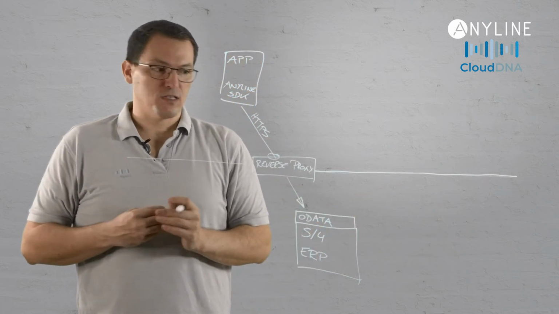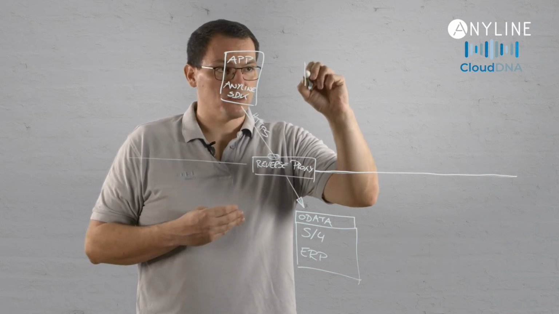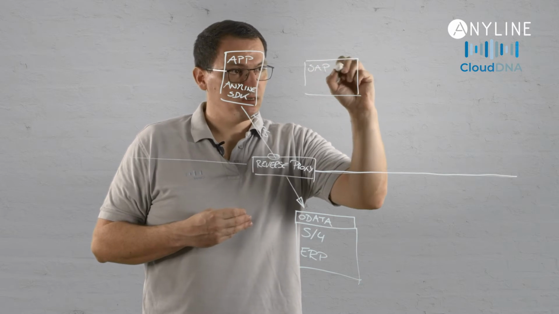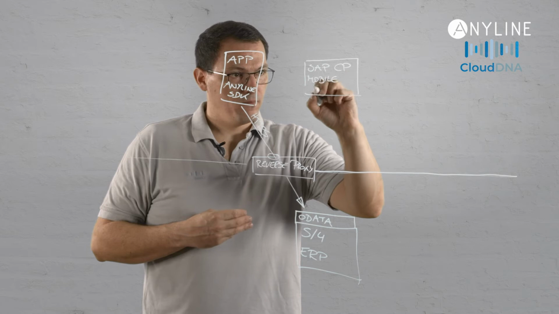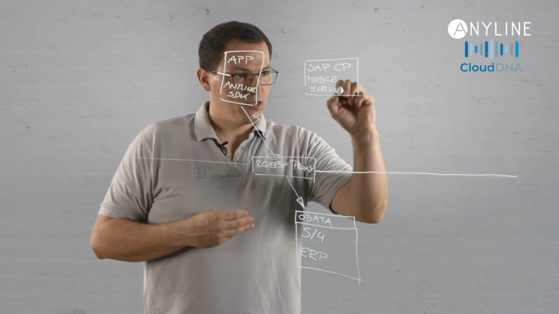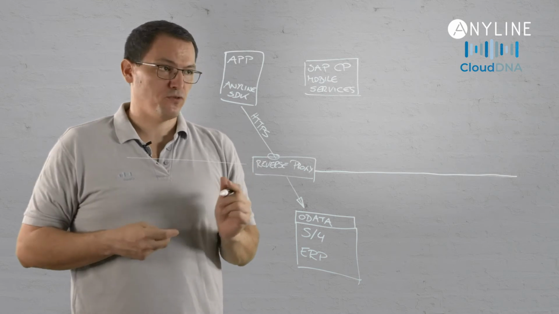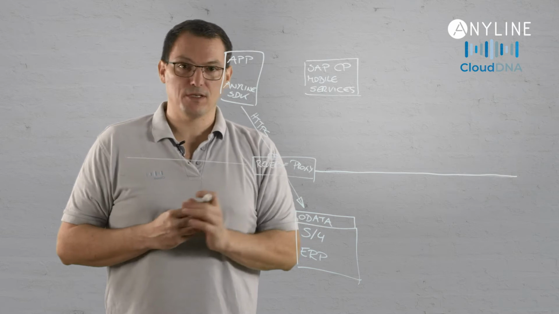What SAP offers now is an option that you can use the mobile services for mobile use cases. So we can use the SAP Cloud Platform mobile service. This is a service offered on a per-user basis. The license is paid per user, and the mobile services can securely integrate with your SAP on-premise system.